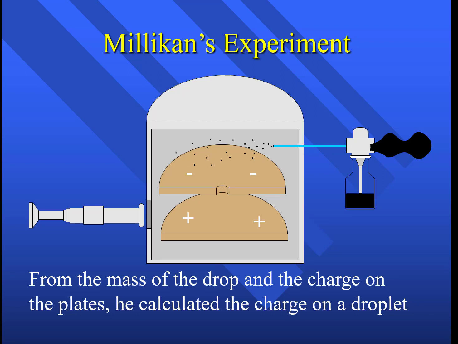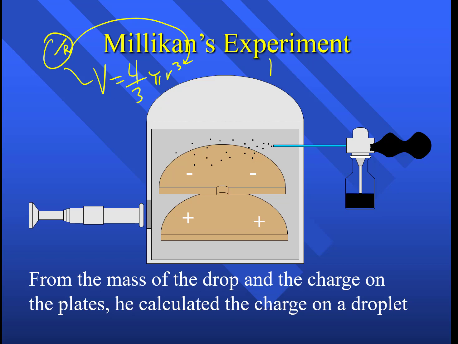Okay. So first of all, he could calculate the mass of the drop. Well, he's got a microscope and he can measure the radius of the drop. From the radius of the drop, volume is 4/3 pi r cubed. So if you get the radius of the drop, you plug that in here, you've got the volume.